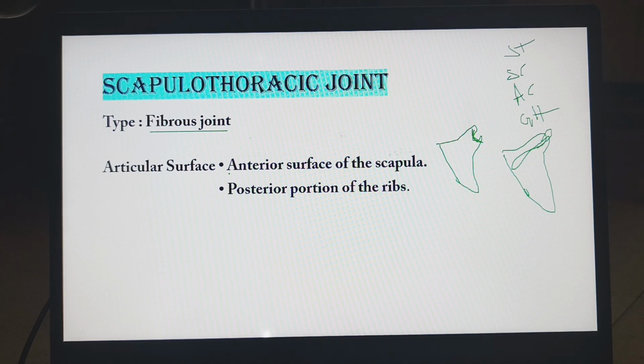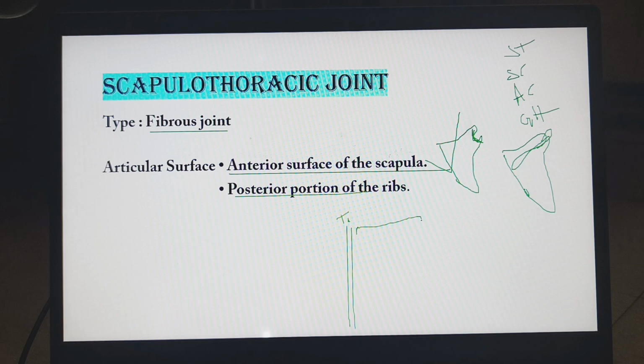So the articular surface for this joint is the anterior surface of the scapula and the posterior portion of the ribs. Suppose this is our thoracic vertebral column, and this is our T1. From here the scapula will start.